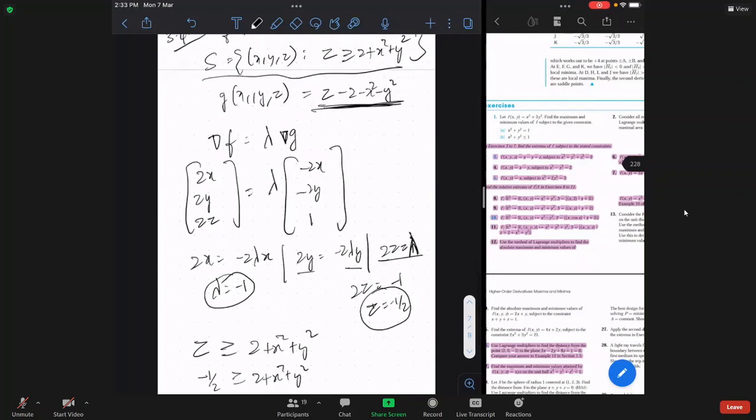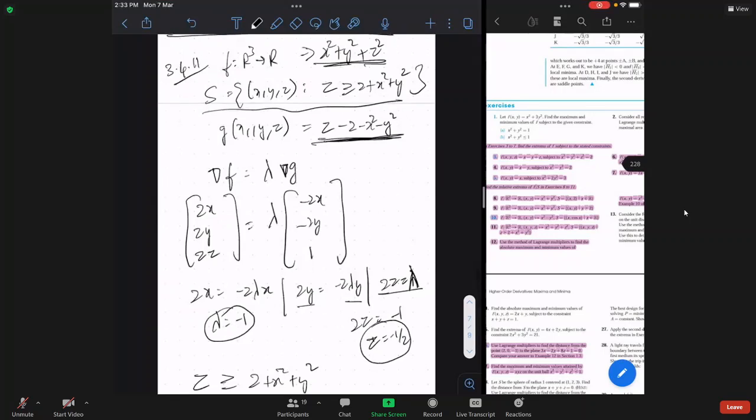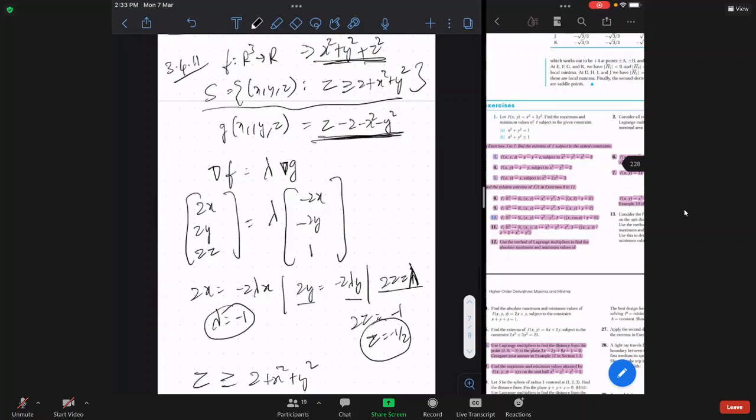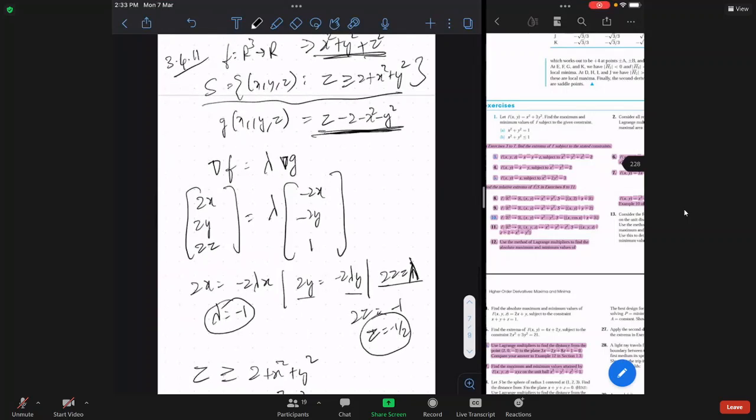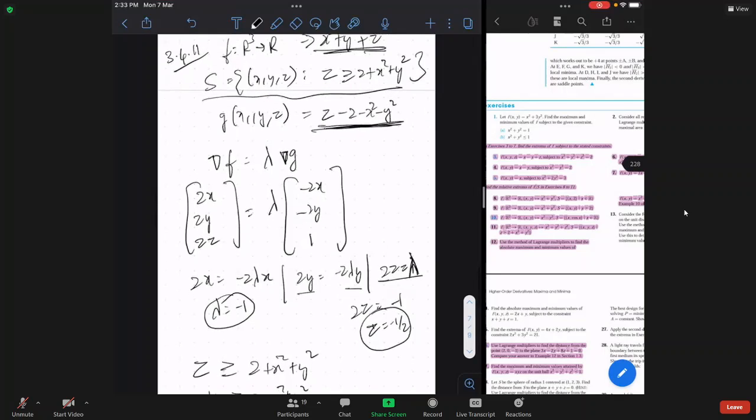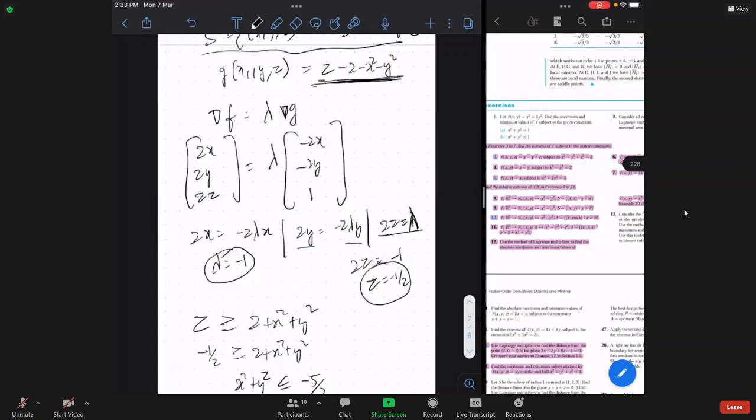Let me see if I made any mistake here. Delta f is lambda times delta g. So I get 2x, 2y, 2z is lambda times this. Let's see if there is any other point that you're missing. 2x is equal to -2 lambda x. 2y is equal to this. So my lambda is -1. Here my lambda is again -1. And if I substitute lambda equal to -1, I get z equal to -half.